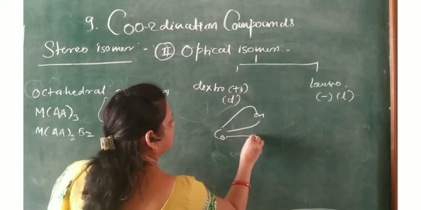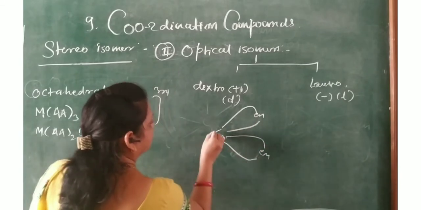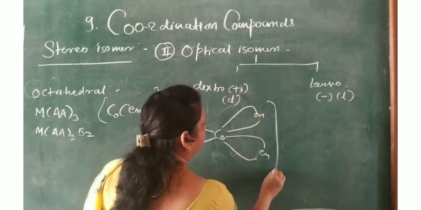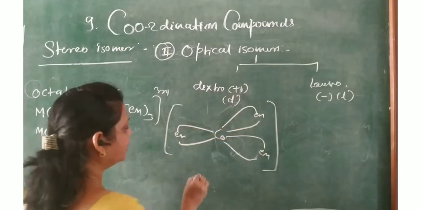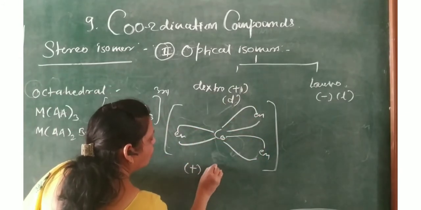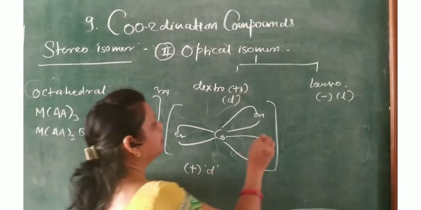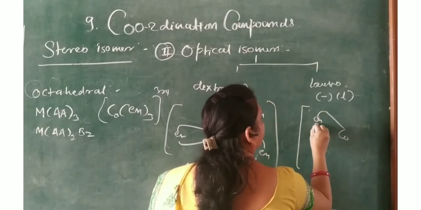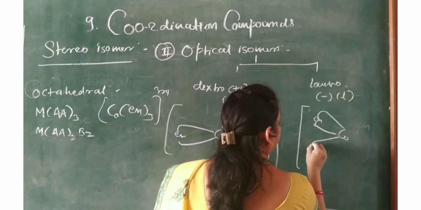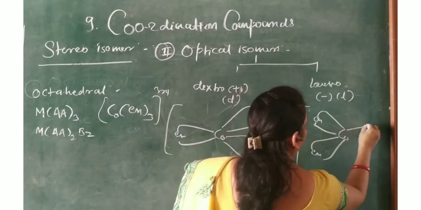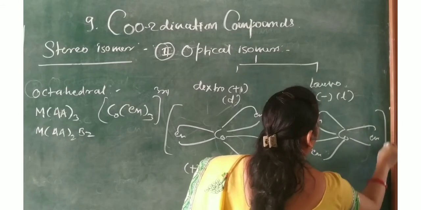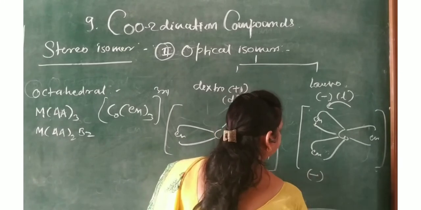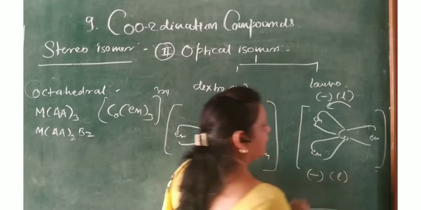So this is dextrorotatory. Plane of plane polarized light rotates towards right, represented by plus or small d. Then laevorotatory, means here Co, this is en, again here en, here en. It rotates plane of plane polarized light towards left or in anti-clockwise direction, represented by minus or l.